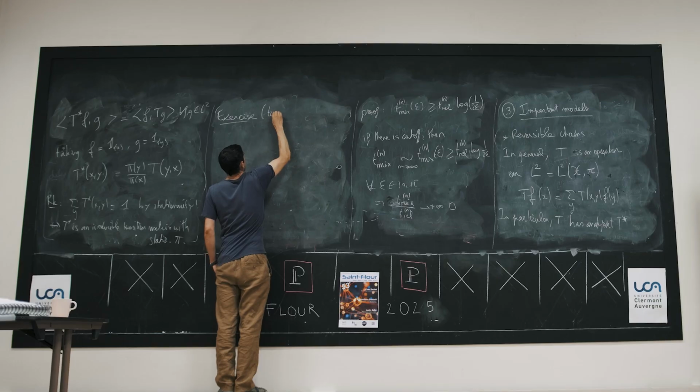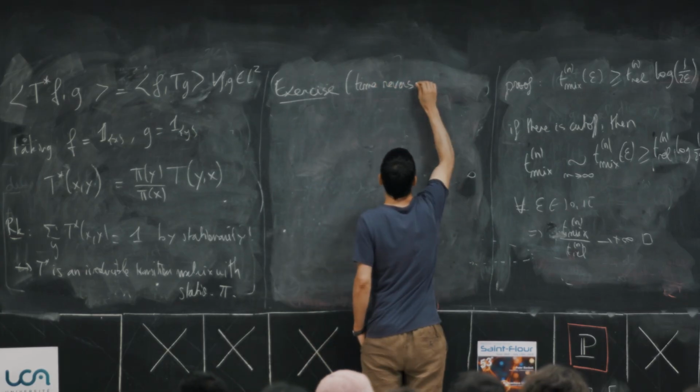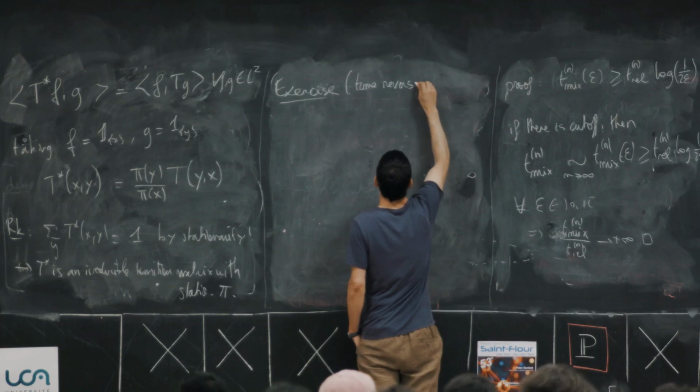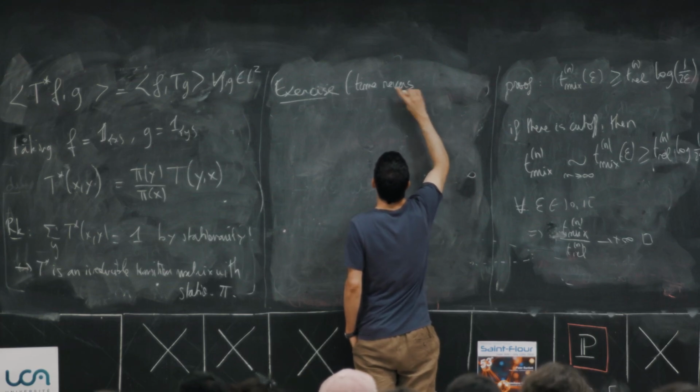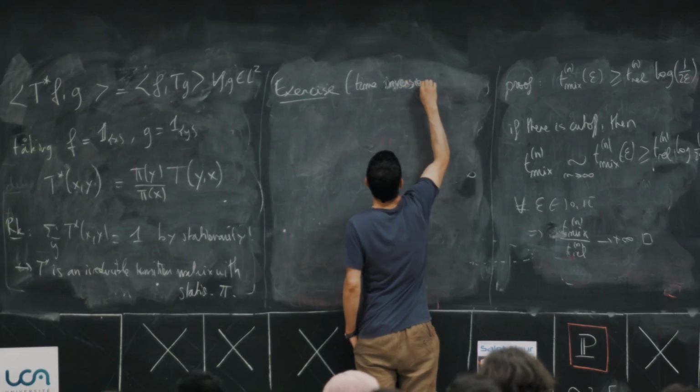It's time reversal. So you can interpret this duality, moving from T to T star, as just reversing the arrow of time. Inversion.